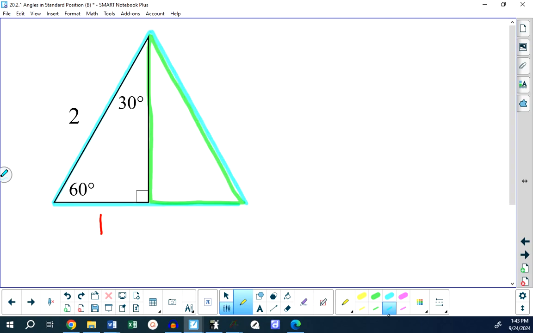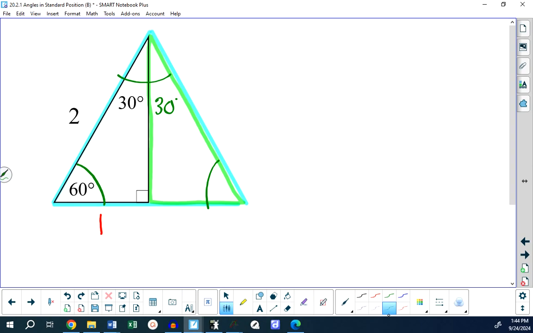That's an equilateral triangle. The reason is if this is 30, this is 30, and that makes this 60 degrees. This is clearly 60. This is obviously 60 because I've reflected it. So I have 60 degrees, 60 degrees, 60 degrees, which means it's equilateral.